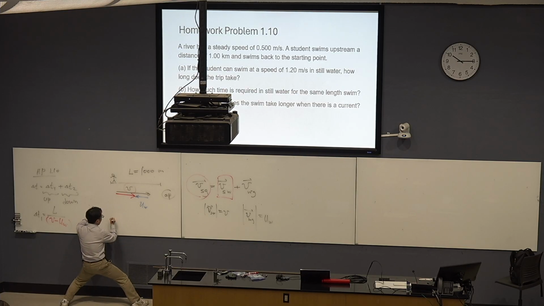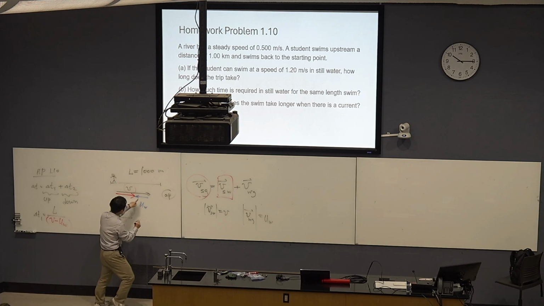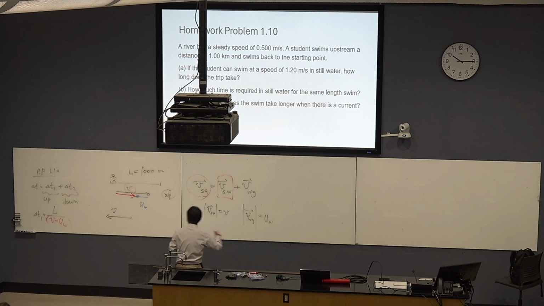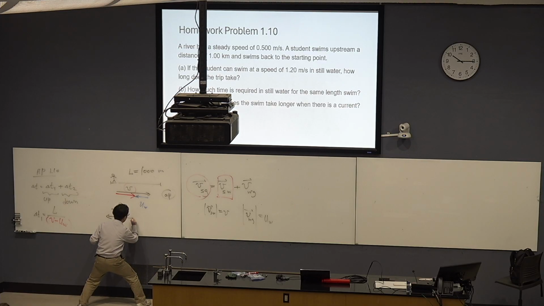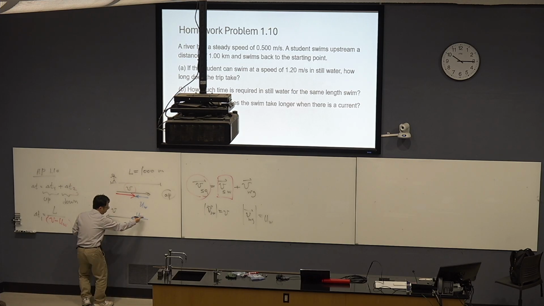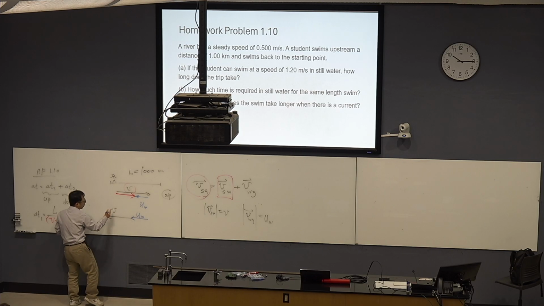That person travels downstream here. So that's V, right? But then the water flow will be here when that person travels downstream, like in this case. This is a different scenario, right? So this is UW. UW is still flowing this way, but the person swims downstream in this way.